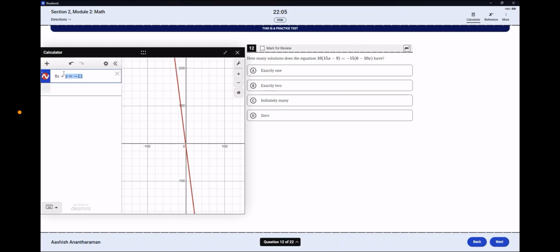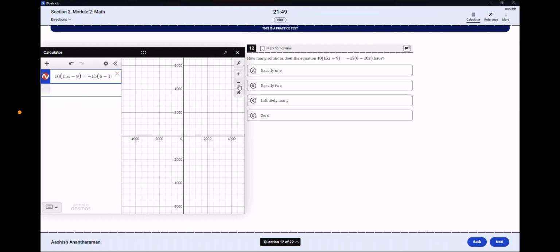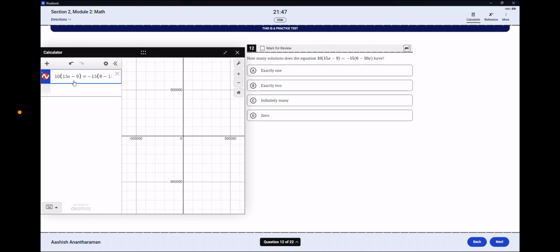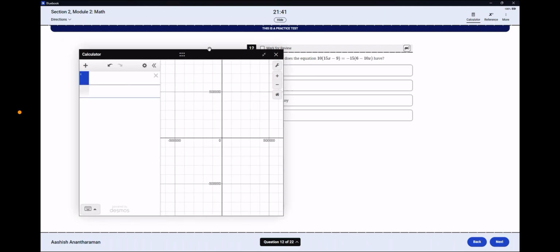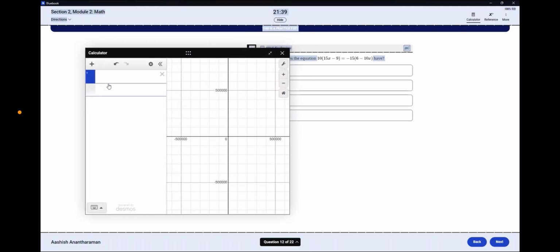How many solutions does that have? Okay, so we have Desmos here already open. So again, when you have algebra, just use Desmos because that's the first thing you should try. Okay, so let's try this real quick.